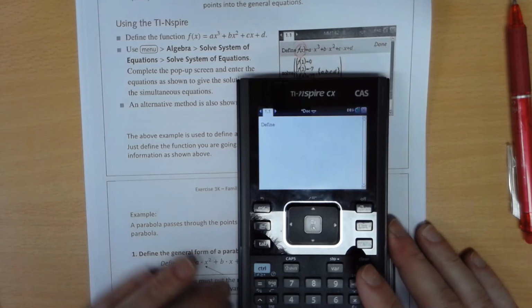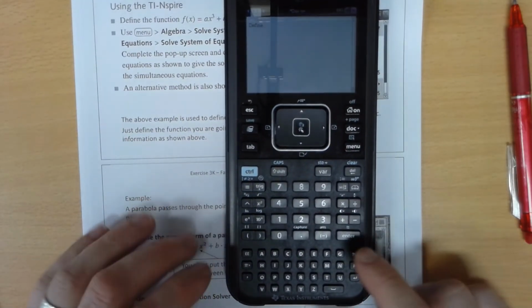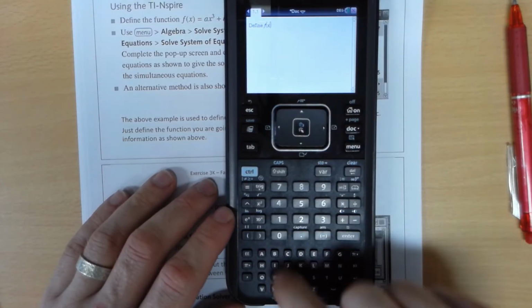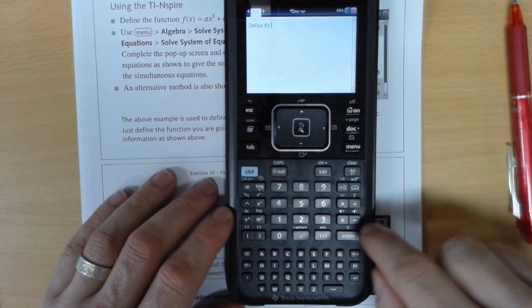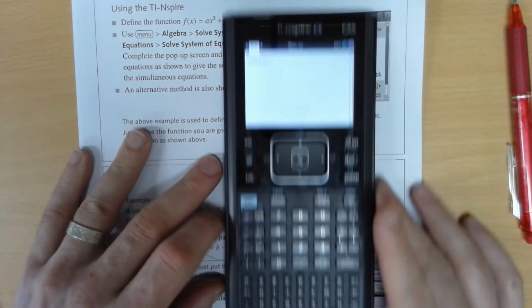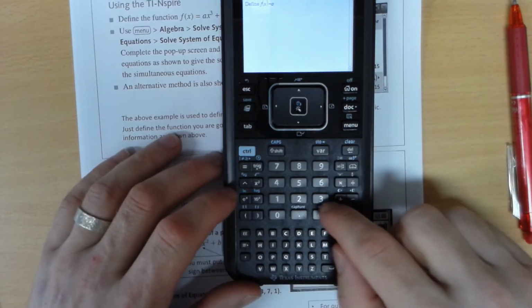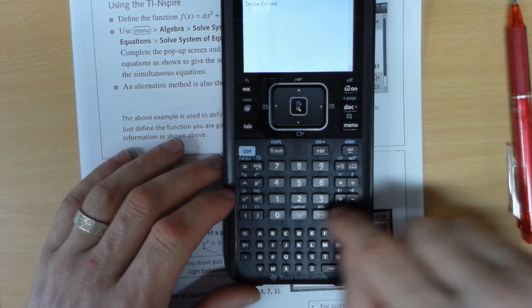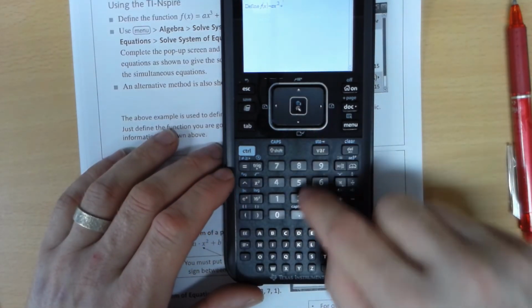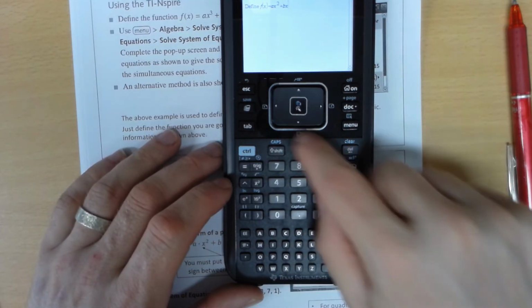And the way we do it, okay, I'll move this up so you can see, f of x equals there, and we just put it in general form, a x squared plus b x.